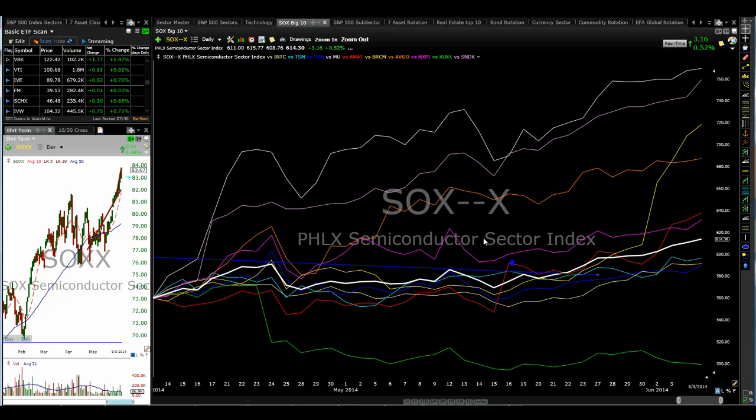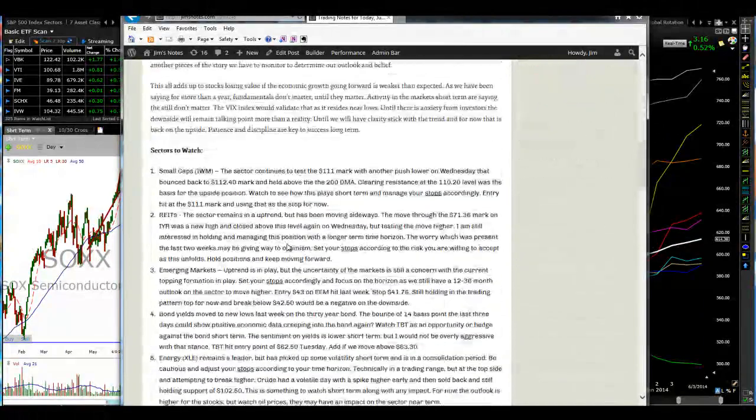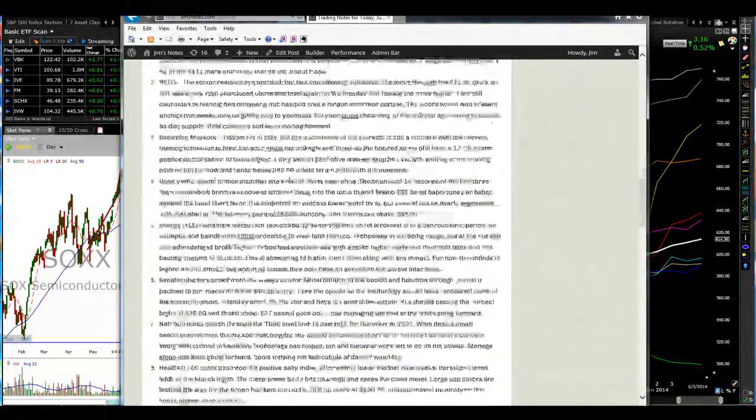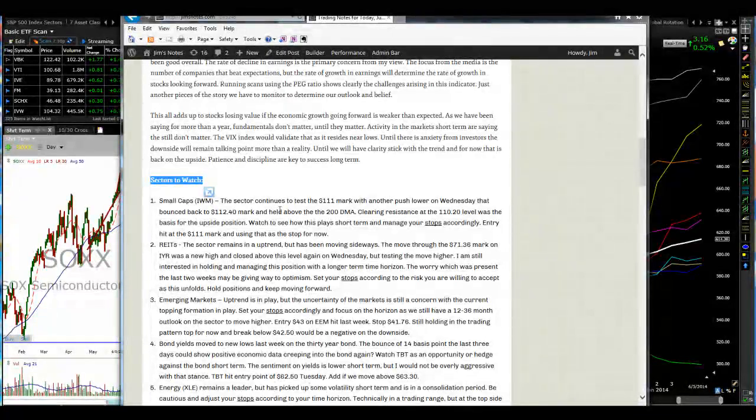And this is one of the things that if you subscribe to the information that is published, right in here where it says Sector Watch, this is the morning trading notes. If I thought that IWM was an opportunity coming into the day, I would say so. I said coming into today that I didn't really think it was a buying opportunity. It happened to be one as we got into the trading day.